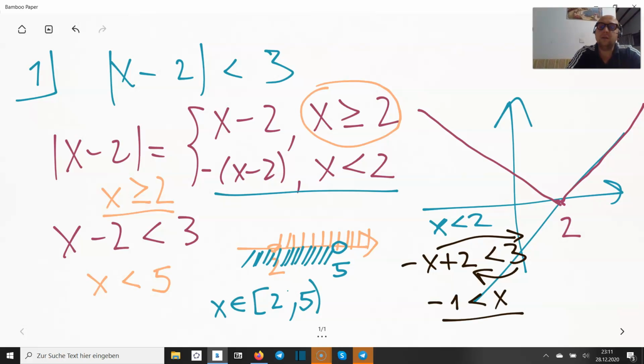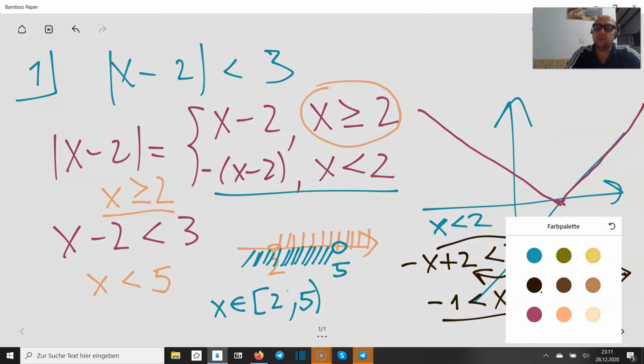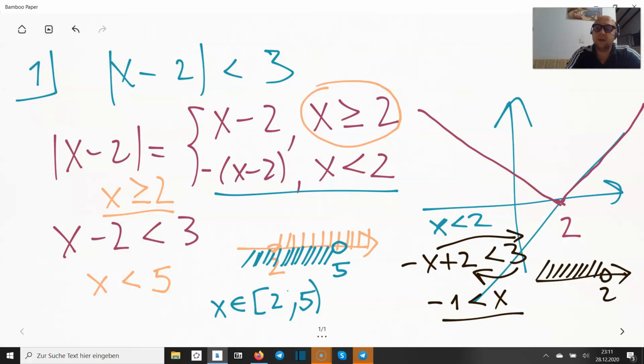So x is bigger than minus 1 but less than 2. We are strictly bigger than minus 1. So we're taking all the values from minus 1, not included, up to 2, not included. But 2 was included here.